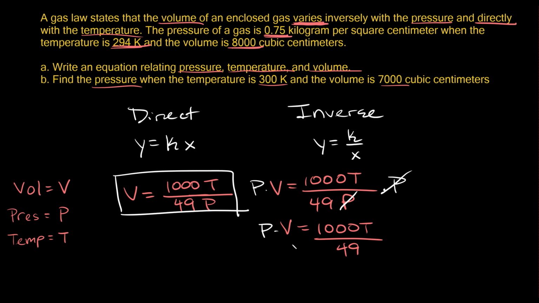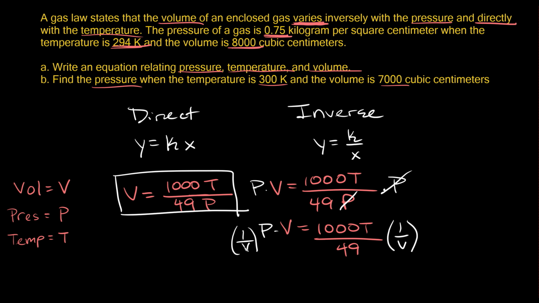Now to get rid of this V, we can either divide by V, or what would be a little simpler in this case, would be just by multiplying by the reciprocal, right? So let's multiply this side by 1 over V, and this side by 1 over V. The reason I chose to do that is because now we're just multiplying two fractions together, so we can easily see what we're going to multiply straight across.